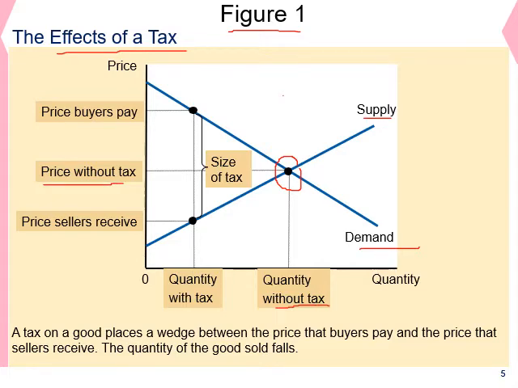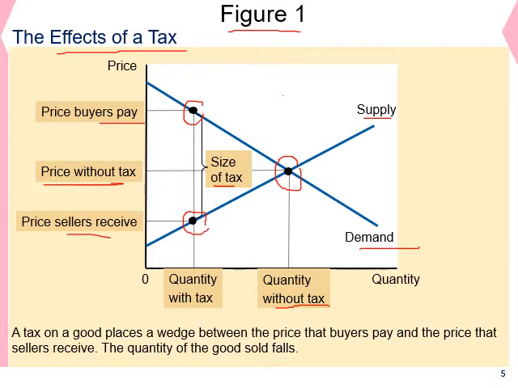If the tax is imposed, this will be the size of the tax, and then the buyer would pay this price, which is higher than the equilibrium price, and the seller will receive this price, which is lower than the equilibrium price.